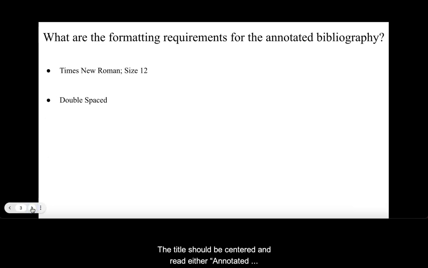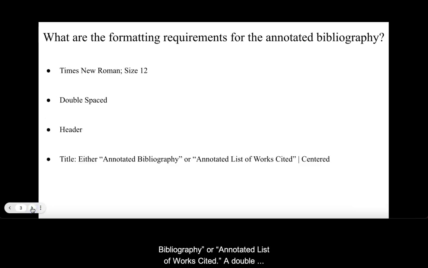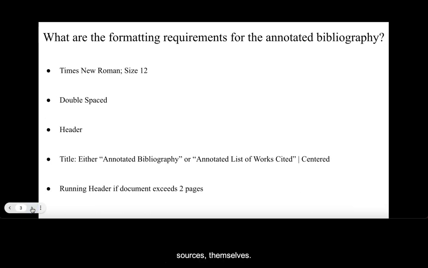The title should be centered and read either Annotated Bibliography or Annotated List of Works Cited. A double space separates the sources and the information within the sources themselves. The sources may be listed either alphabetically by author or title, by date of publication, or by subject.